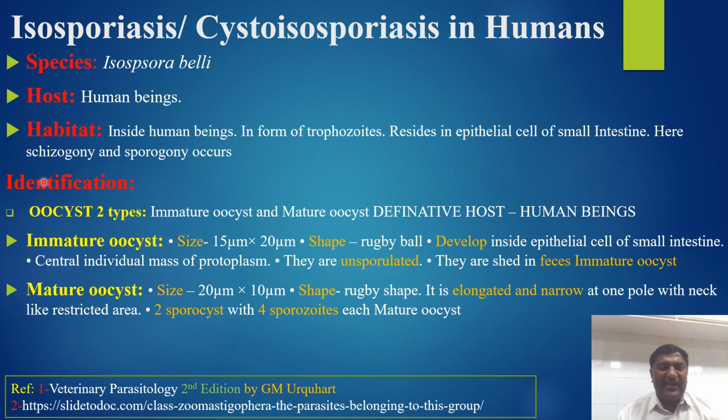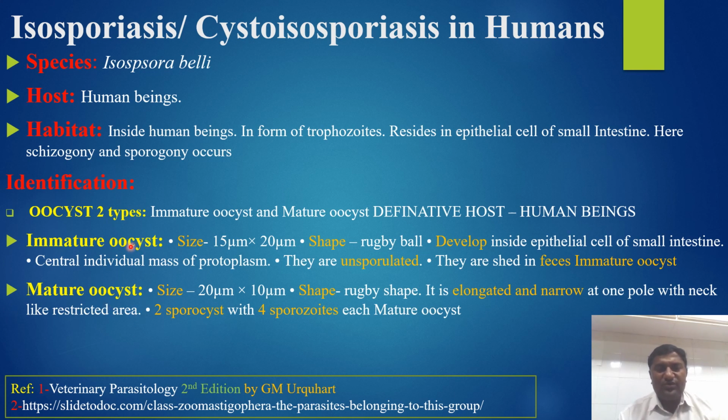And what is the identification of Isospora belli? The oocyst has two types, the immature oocyst and the mature oocyst. The mature oocyst is present in the definitive host, the human being. And what is the difference between the immature oocyst and the mature oocyst?